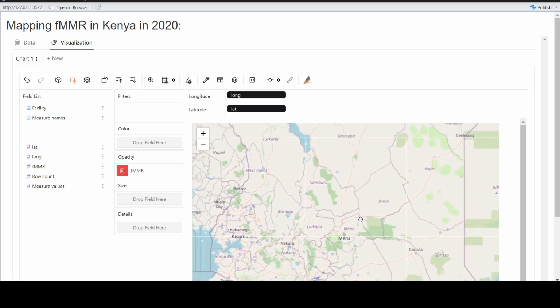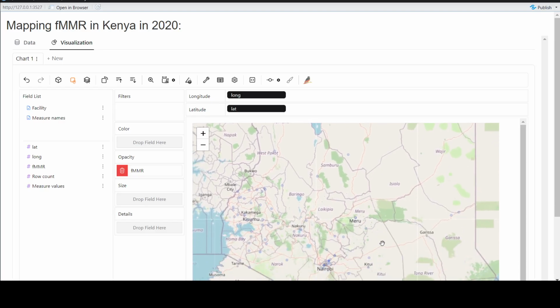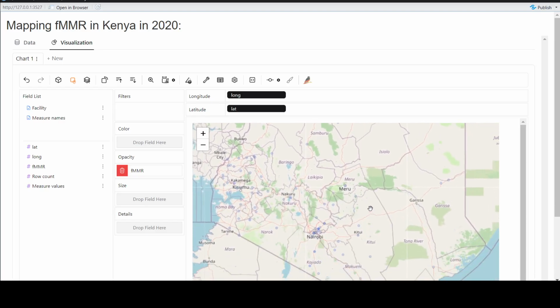And so, again, also in the northeastern. So it says sum FMMR, but we have disabled the aggregation, so it's not really doing a sum. It's just looking at the exact number that is in the FMMR column in your dataset.